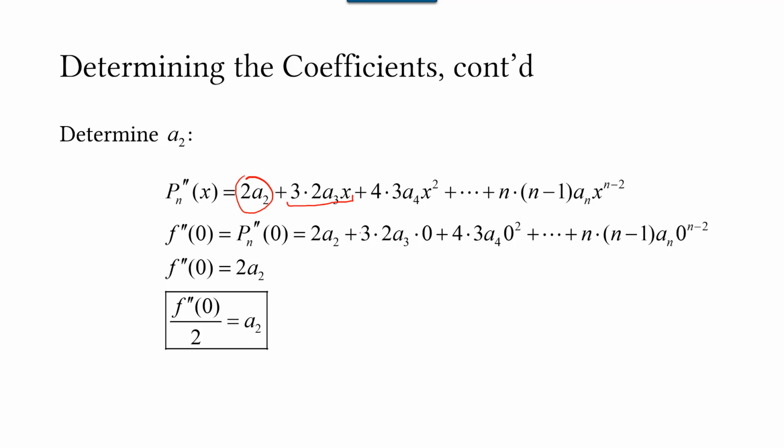If I plug in 0, every term past 2a2 has a 0 in it, and I'm left with 2a2 has to equal f double prime of 0. Remember though, the task is to figure out the coefficient. a2 I find by dividing both sides by 2, and so I get that the coefficient in front of x squared for our Taylor polynomial is the second derivative of the original function at 0 divided by 2.